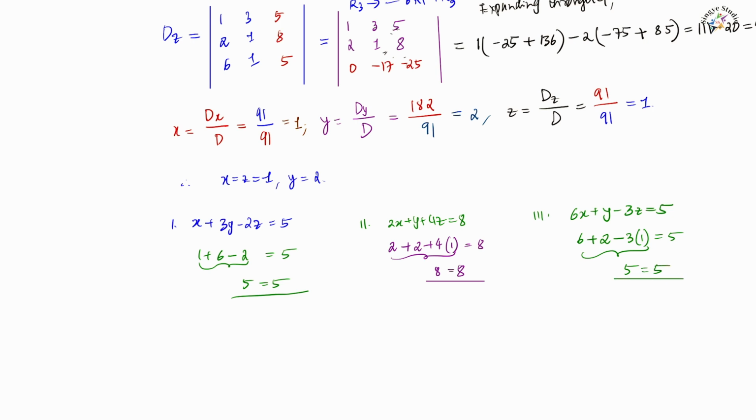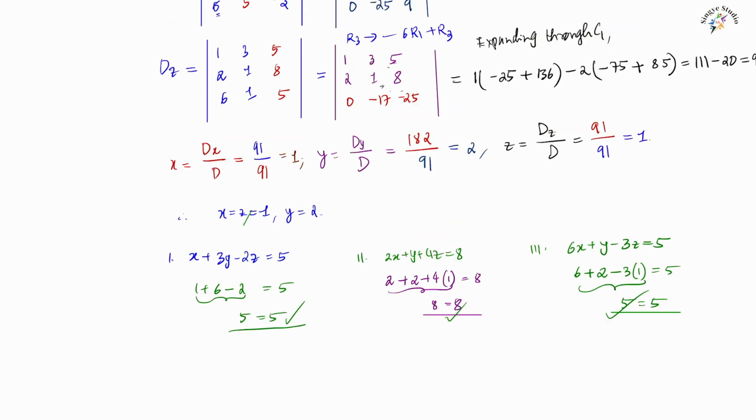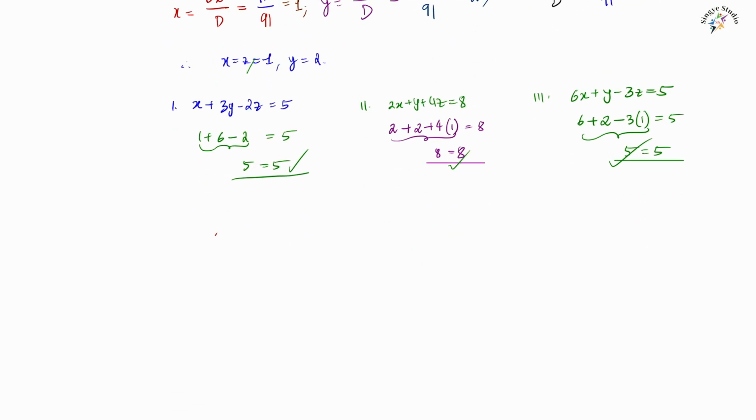Therefore, by substituting the values of x, y and z, all of the equations got satisfied. Therefore, our values are x equals 1, y equals 2 and z equals 1. One last thing: in a system involving 3 variables and 3 equations, you should make sure that it satisfies all of the equations.